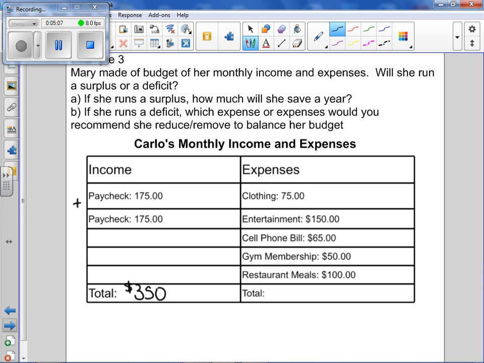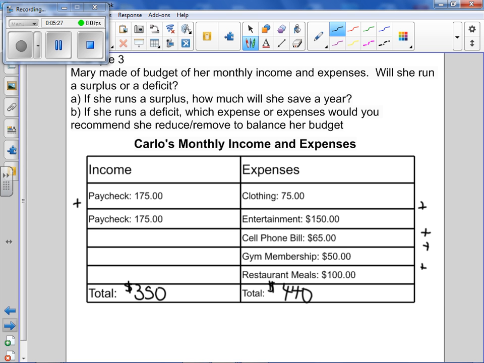Her expenses: her clothing, her entertainment, her cell phone bill, her gym membership, and eating at restaurants. Again, I add up all those values, so 75 plus 150 plus 65 plus 50 plus 100. She spends $440 a month.